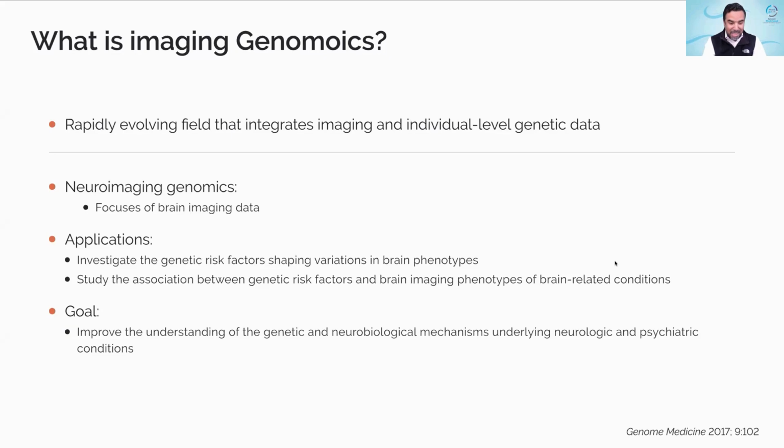And it has so far been applied to investigate the genetic risk factors that are responsible for the variation in brain phenotypes, and also study the association between genetic risk factors and brain imaging phenotypes of brain-related conditions. So the goal is really to see if this field will help us understand the genetic and the neurobiological mechanisms underlying neurological and psychiatric conditions.